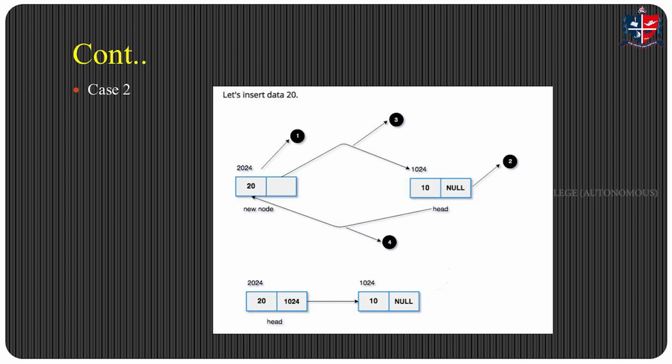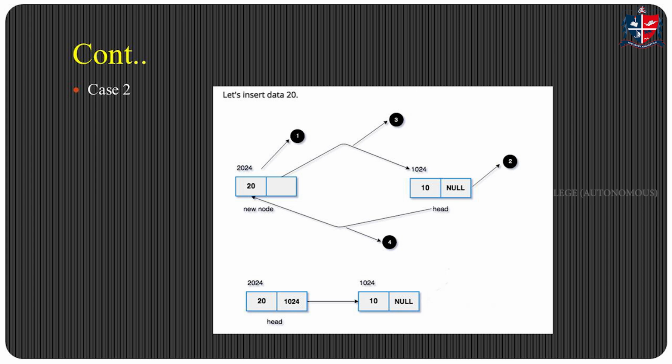And this is the second case, that is when the list is not empty. Here the list already has a 10. Now I am going to insert 20 into the list. So what are the steps to be performed? First of all, we create a new node with the given value 20. Then I want to link these two nodes together. I want 10 after 20.